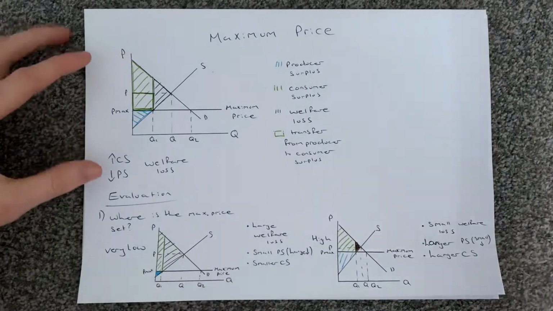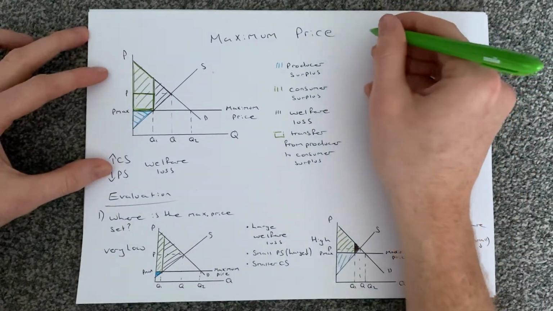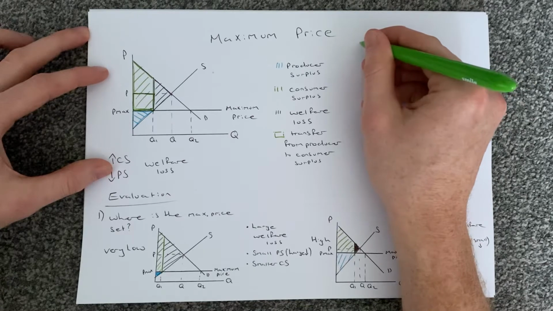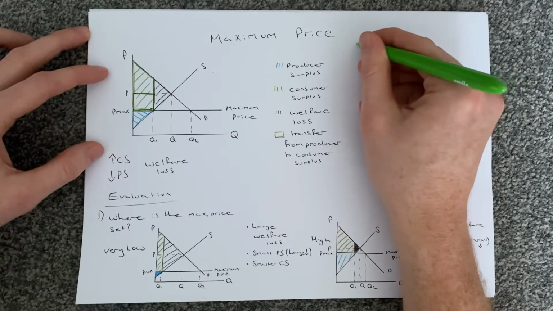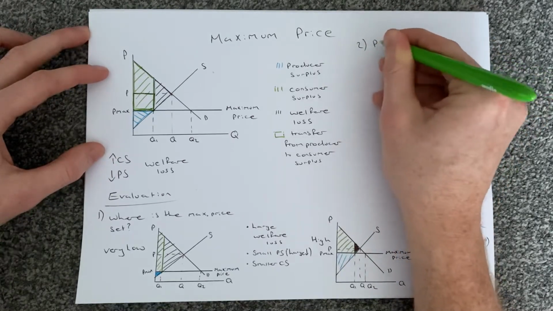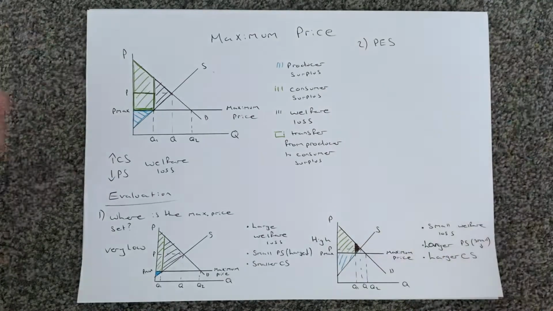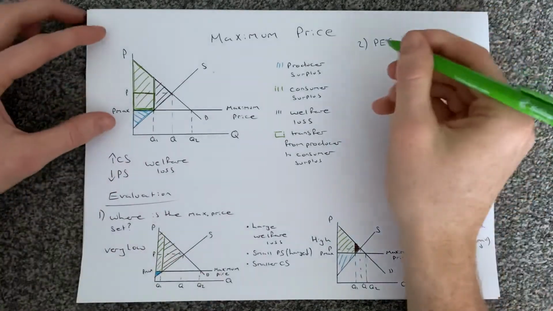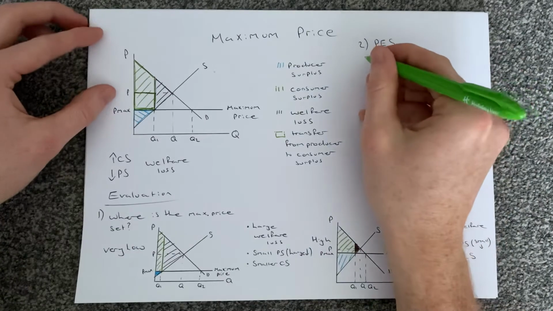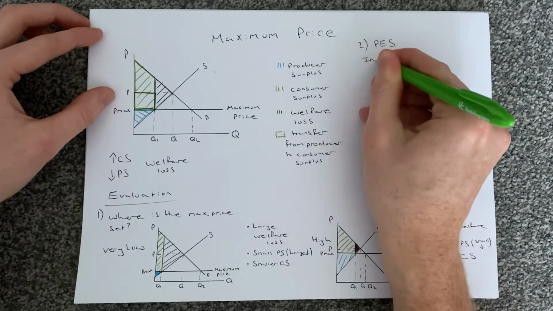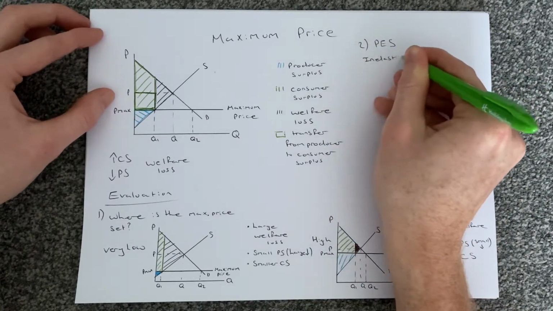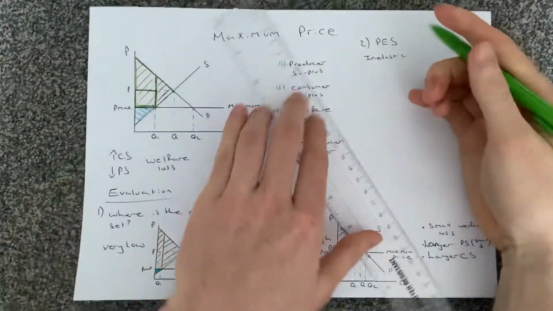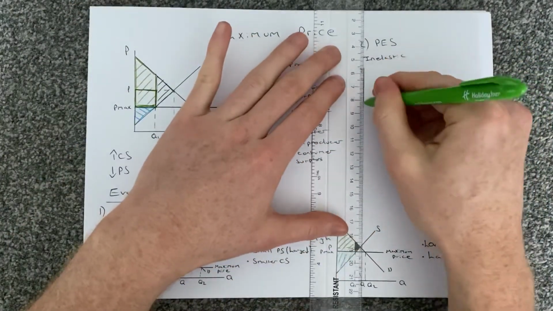And then the final evaluation point that we want to be considering when looking at how maximum price impacts upon producer and consumer surplus is the price elasticity of supply. So first of all, we're going to consider if the price elasticity of supply is inelastic, and we're going to draw a diagram for that.